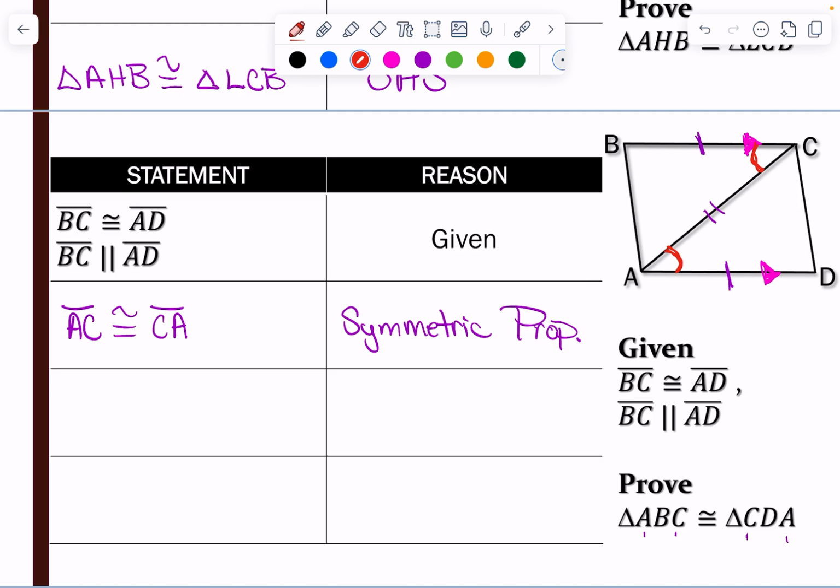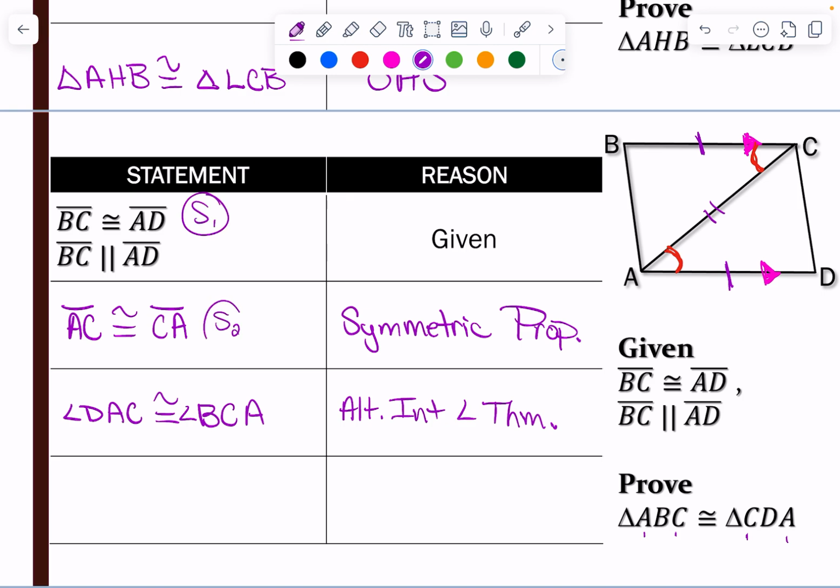So your next statement is going to come in here and you're going to say angle DAC is congruent to angle BCA, and that is by the alternate interior angle theorem. Okay, so now we have, as we go through, here's side 1, here's side 2, and we have the included angle.